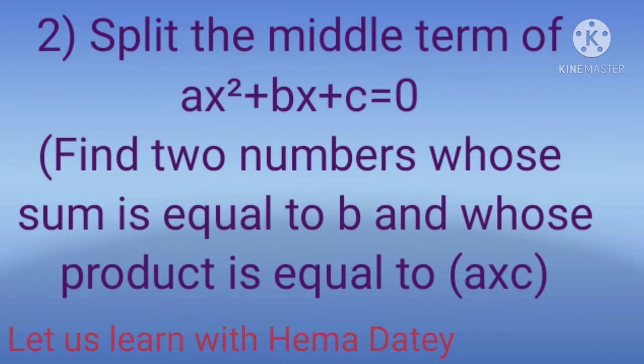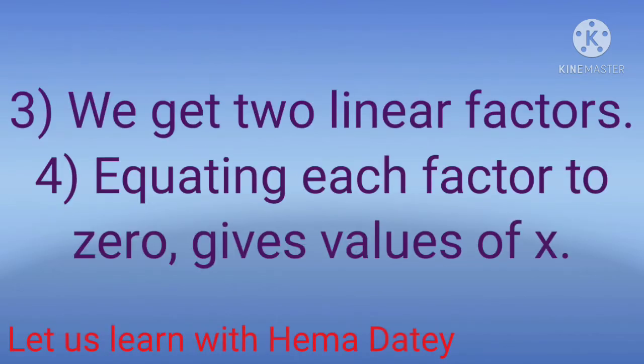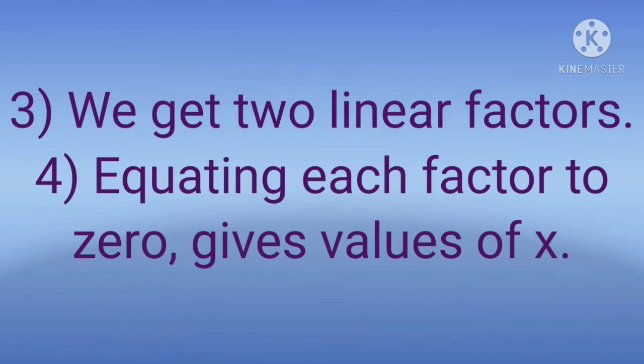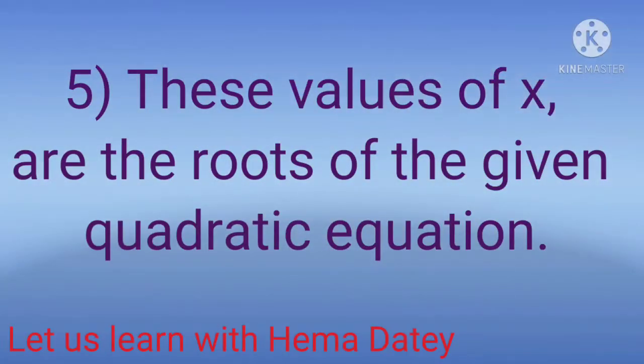Split the middle term of ax square plus bx plus c is equal to 0, means find two numbers whose sum is equal to b and whose product is equal to a into c. In the third step, we get two linear factors and then equating each factor to 0 gives values of x. These values of x are the roots of the given quadratic equation.